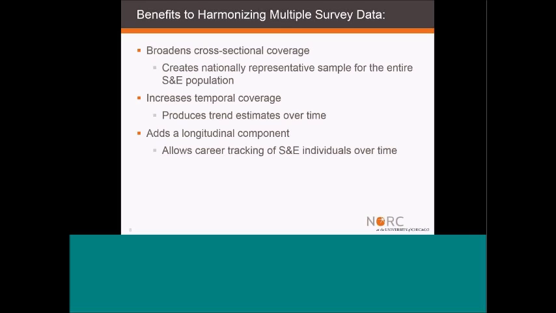And then the other thing, over time, if we link that data at the record level, it can also give a longitudinal component. So in this case you can follow the career track of individual scientists or engineers over time, how their job track changes.